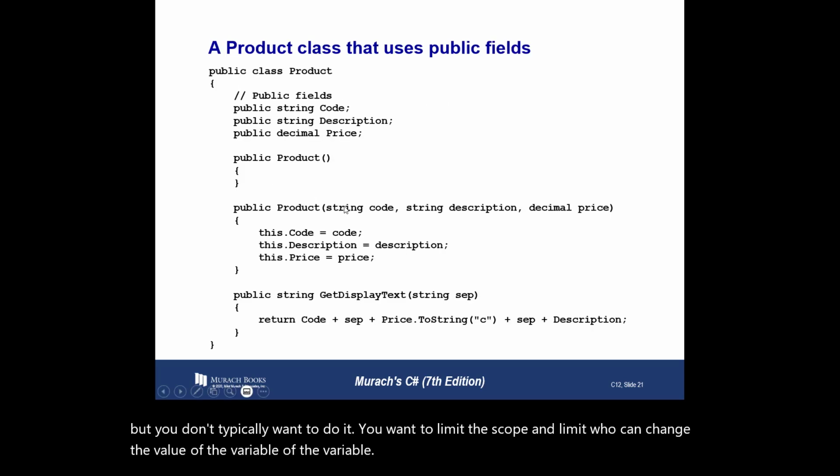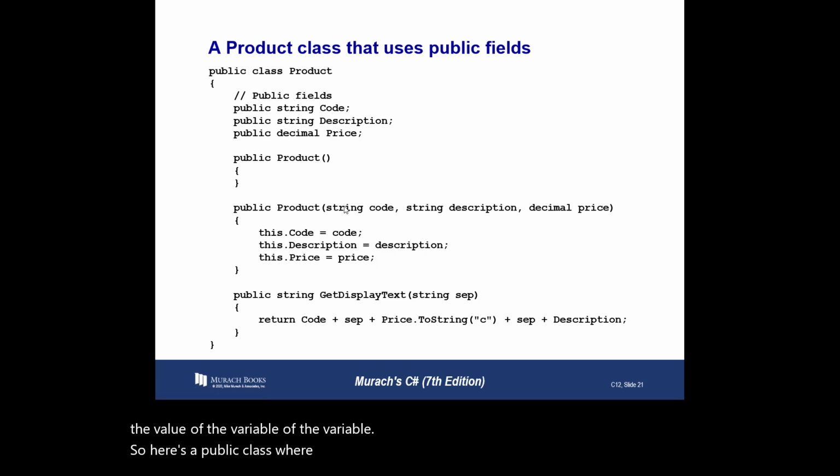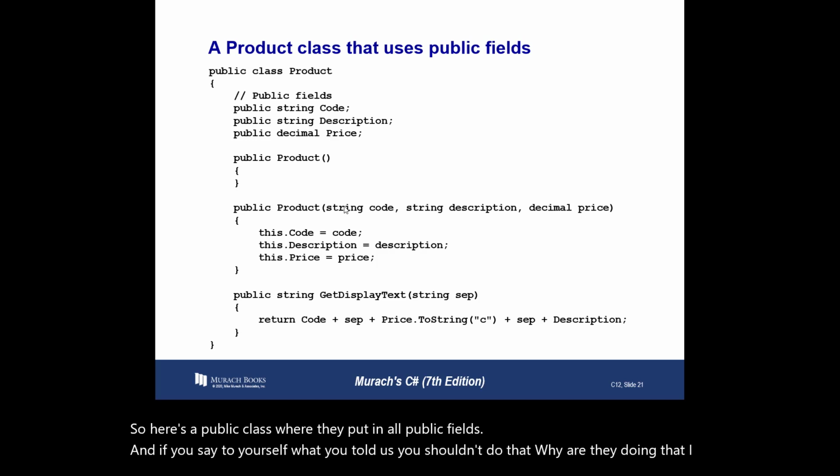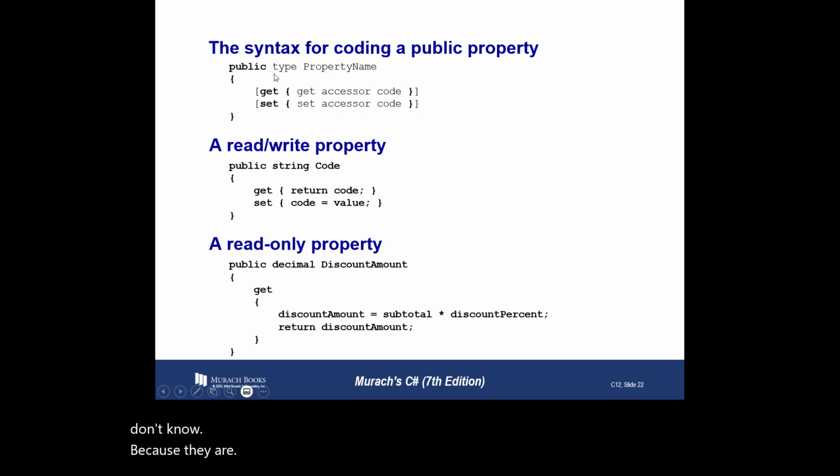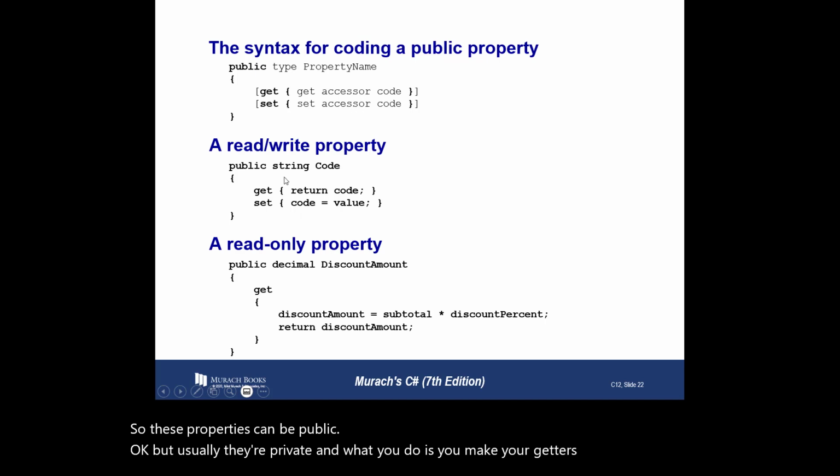So here's a public class where they put in all public fields. And if you say to yourself, well, you told us you shouldn't do that, why are they doing that? I don't know. Because they are. So these properties can be public, but usually they're private, and what you do is you make your getters and setters public.